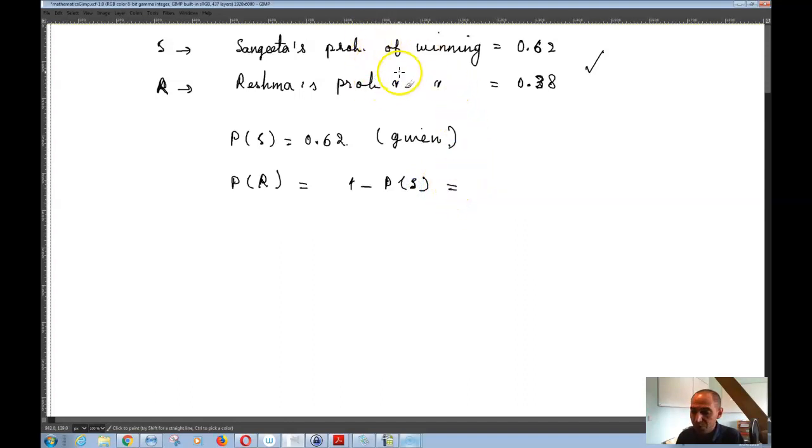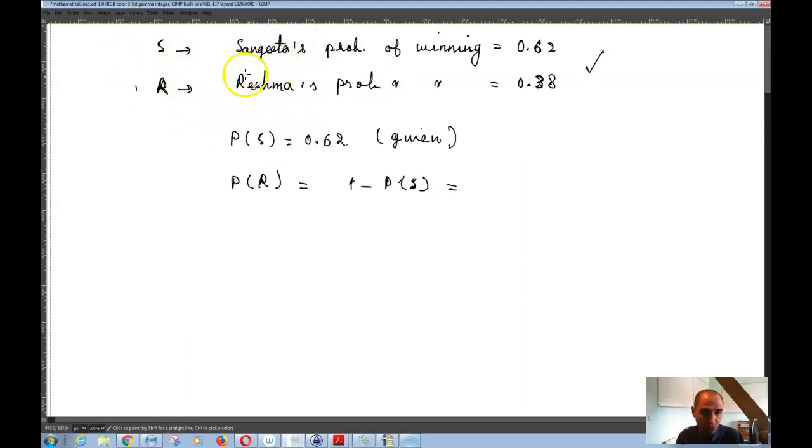If you want to think about it logically, as I did, you would say that for Sangeeta winning the match, complementary to that would be Reshma losing the match. But that's not the correct way of saying it as far as complementary events go.